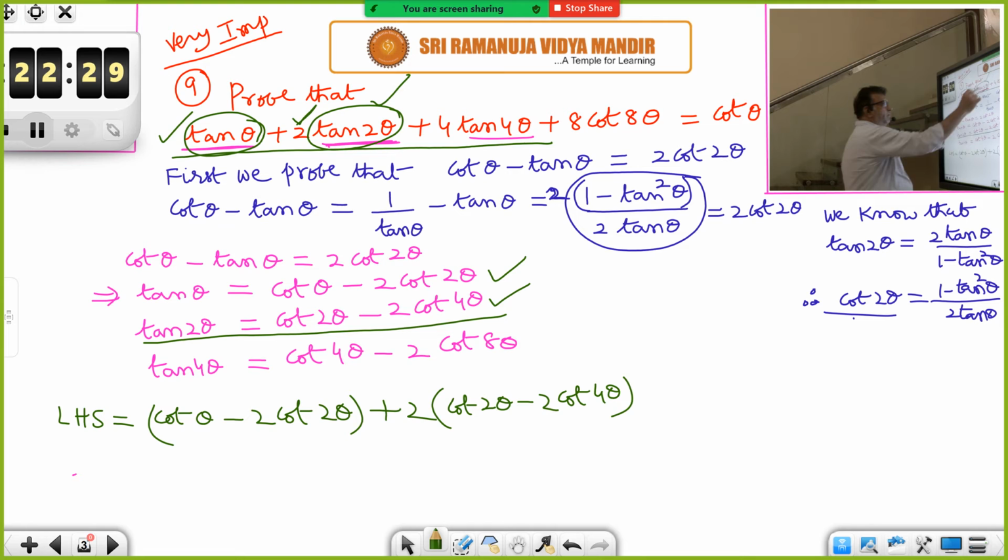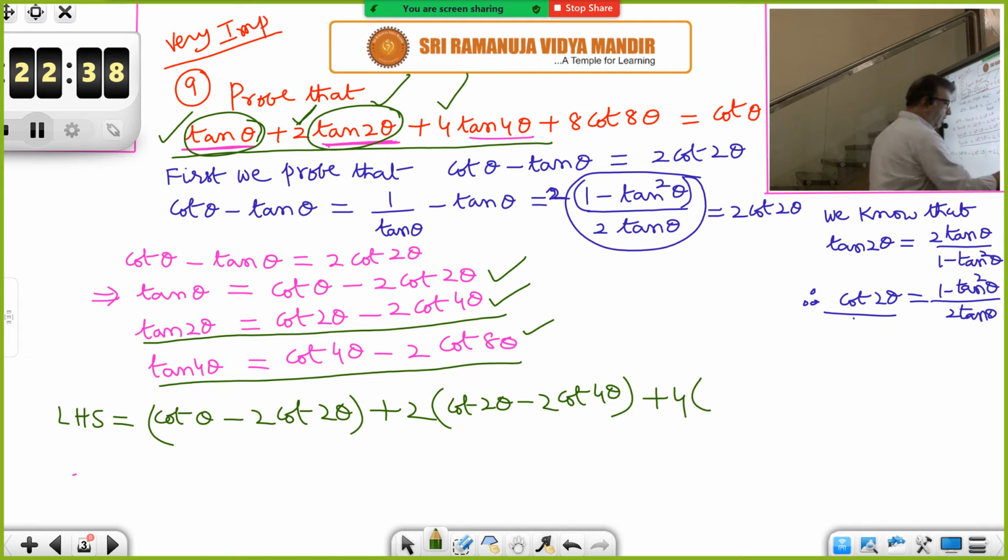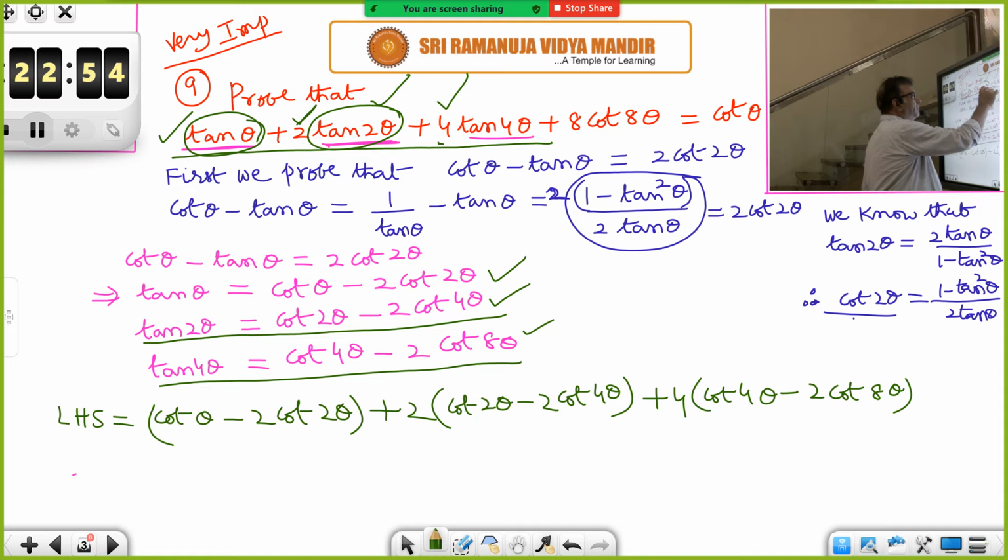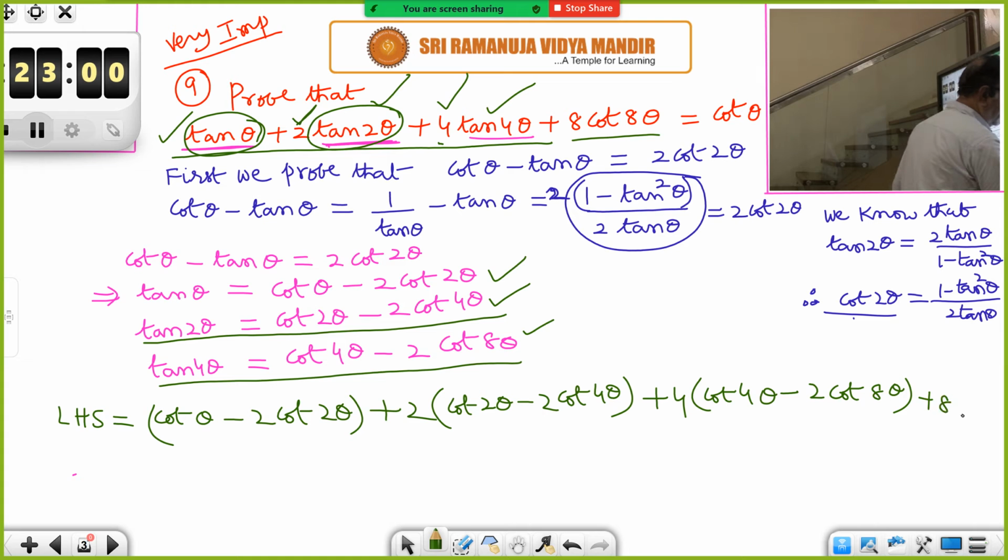Next plus 4 into tan 4 theta, which by this formula is cot 4 theta minus 2 cot 8 theta. We have written this 4, and then just simply write 8 cot 8 theta outside.